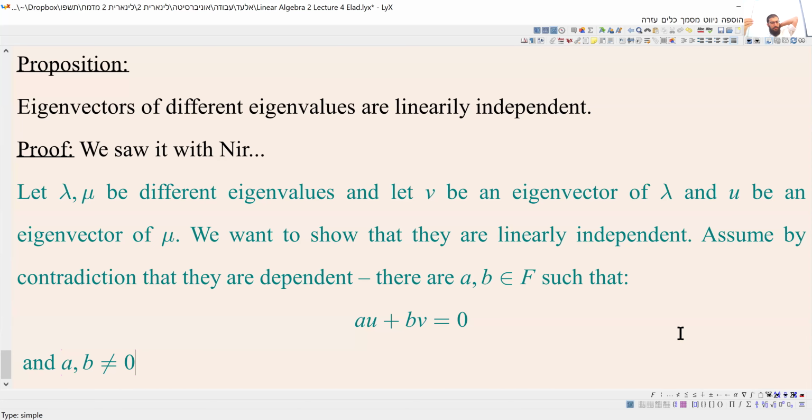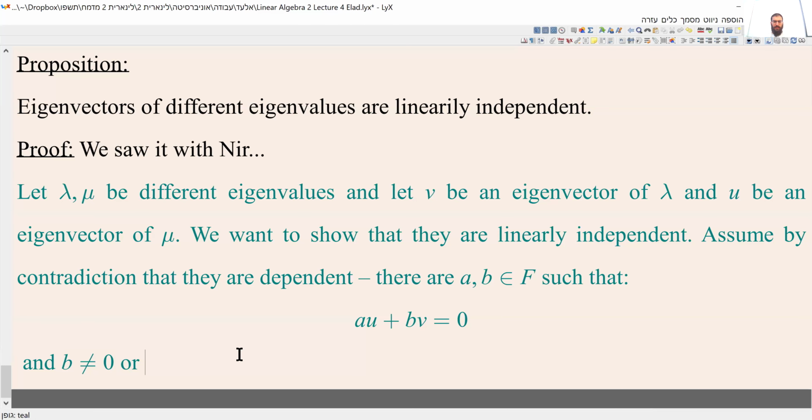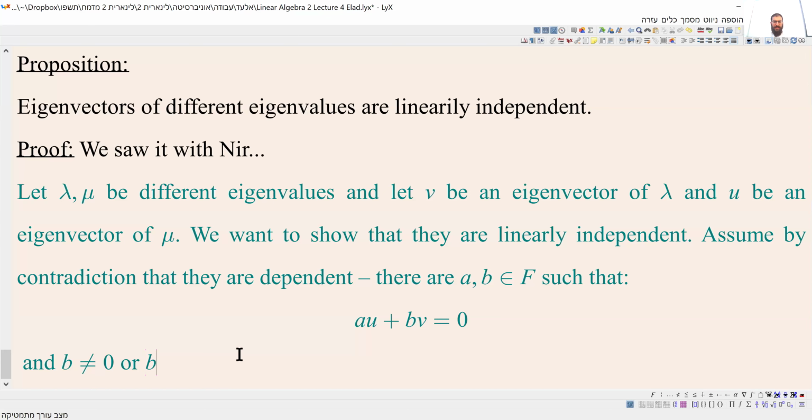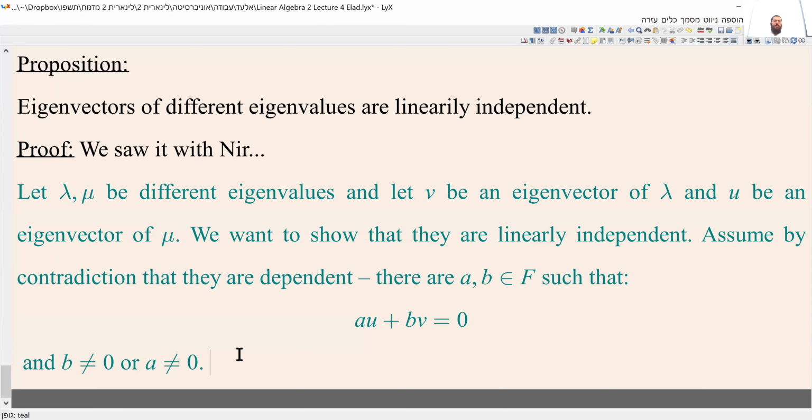I mean, some of them, or the two of them, are not 0. How do I write it? A is not 0, or B is not 0. This is the definition of linear dependency. There is a linear combination with coefficients not all 0 that is 0 itself.